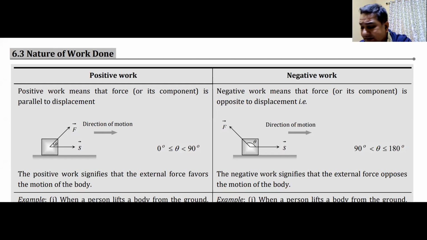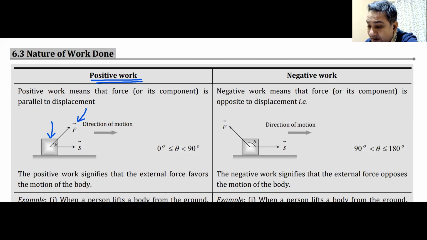negative. Here a small table is given that will tell us when the work done is positive and when it is negative. If you understand this, you don't have to draw it. If you don't understand, you can draw this table. As you can see in this case, you have force going in one direction and displacement in this direction.